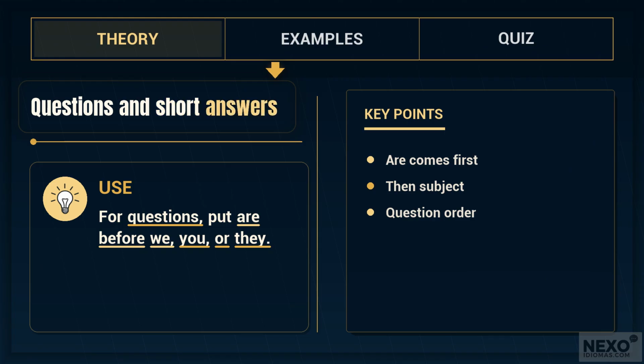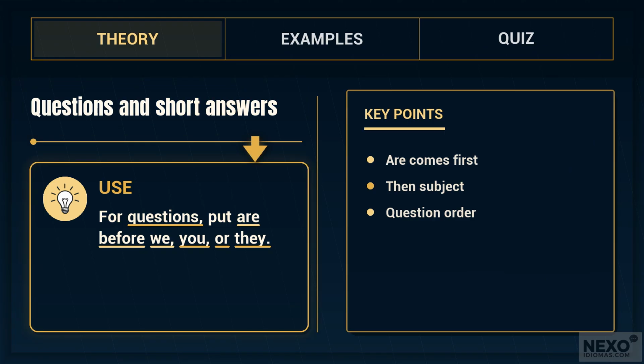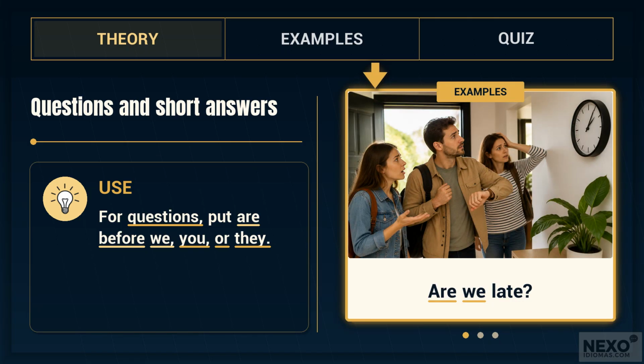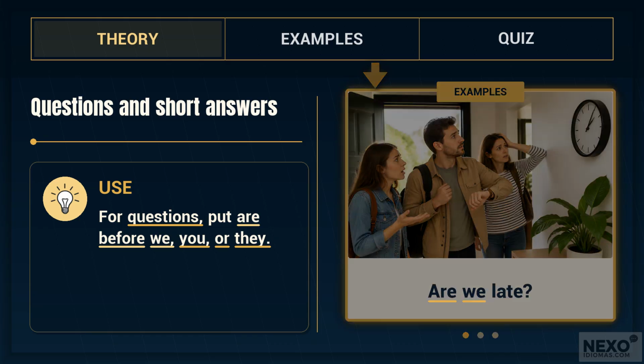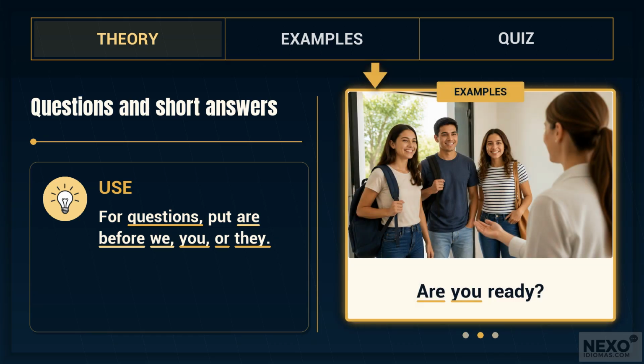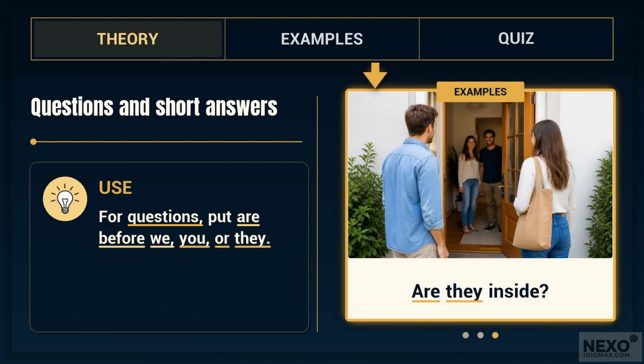Questions and short answers. For questions, put are before we, you, or they. Example. Are we late? Example. Are you ready? Example. Are they inside?